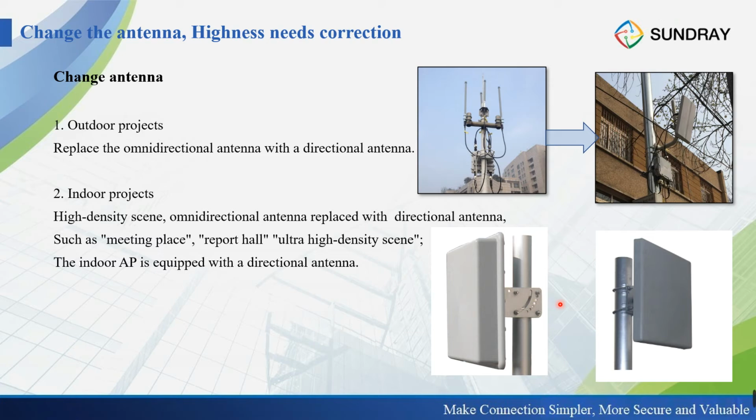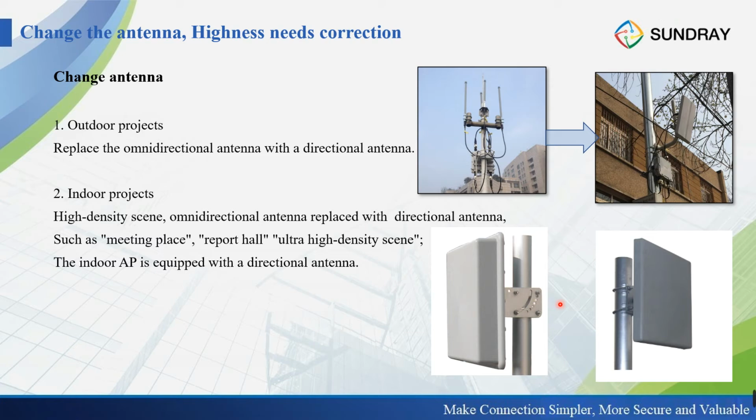And change the antenna. For this one, it usually happens for the outdoor AP, and sometimes also in the indoor scenario. We know that a directional antenna can cover a longer distance, and its signal power is centralized in one direction.